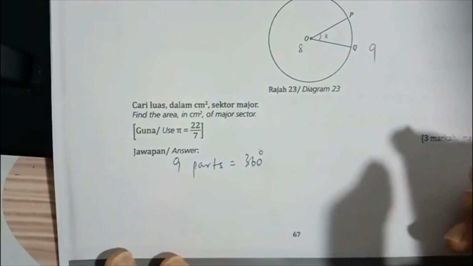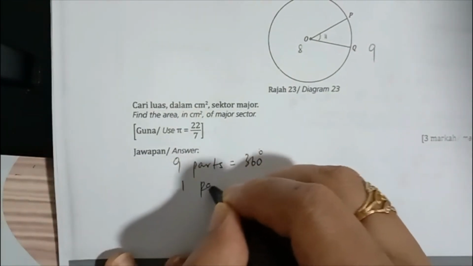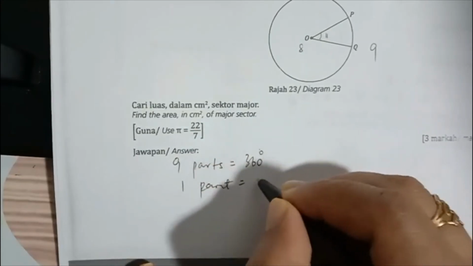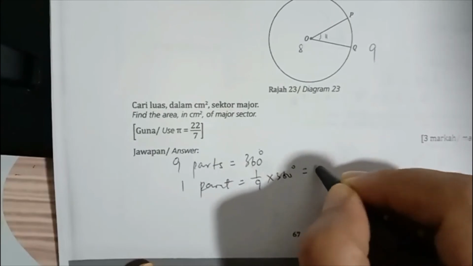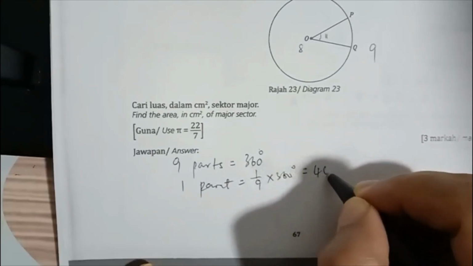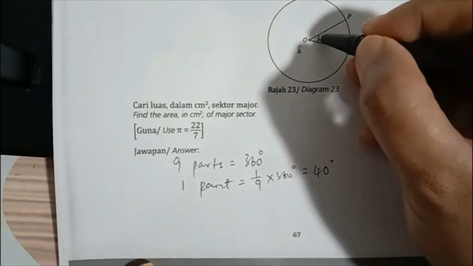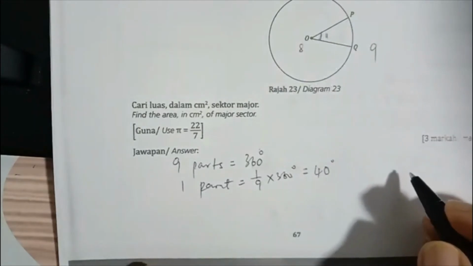So 1 part equals to what? You calculate. 1 part equals to 1 over 9 times 360. So you get 40. The meaning, angle here is 40.